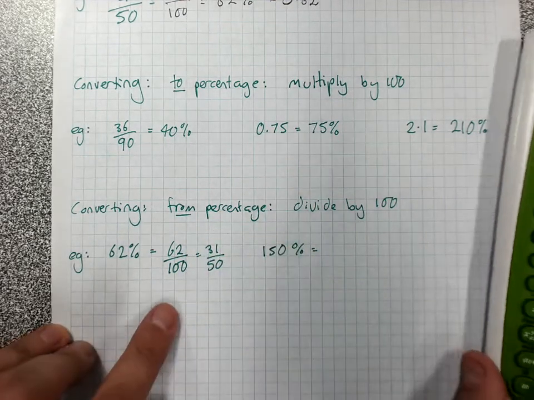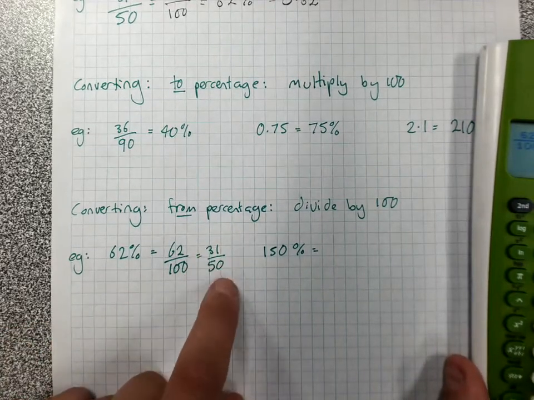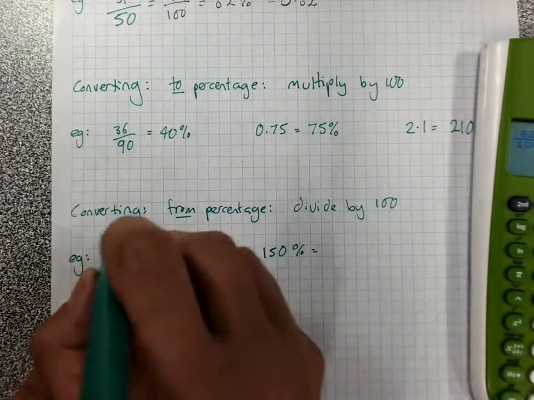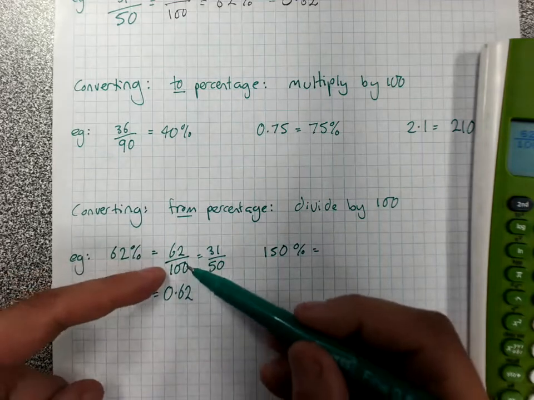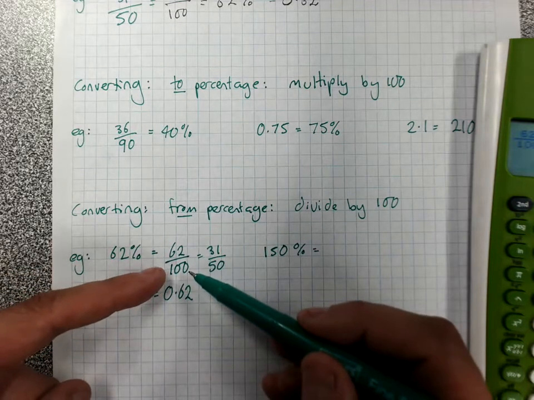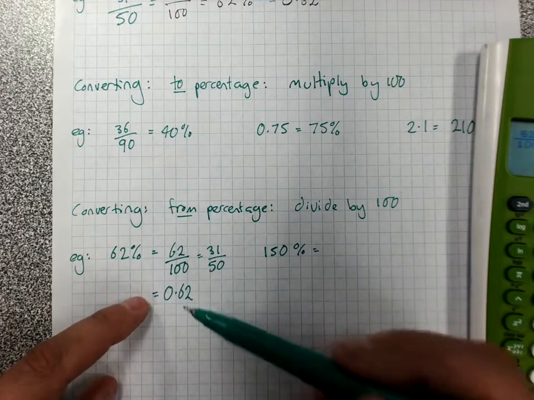If we wanted to get it to be a decimal, we can do 31 divided by 50, or we can just divide by 100. 62 divided by 100, 0.62. So see, both of these are dividing by 100. Over 100 to get to a fraction and simplify, or just divide by 100 to get to a decimal.